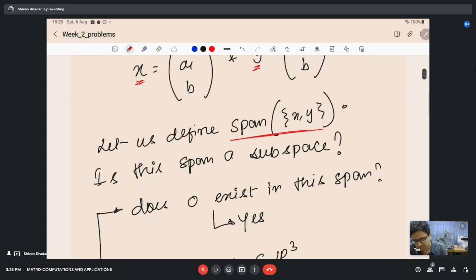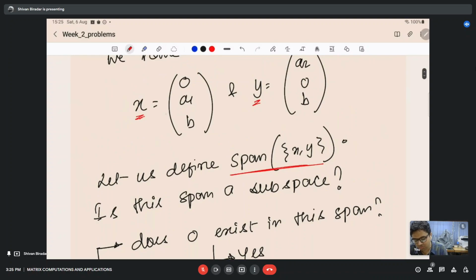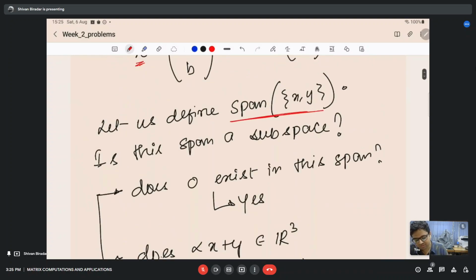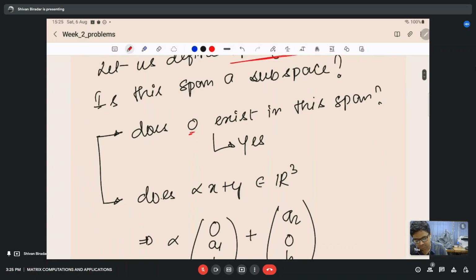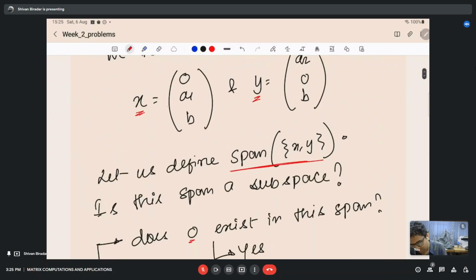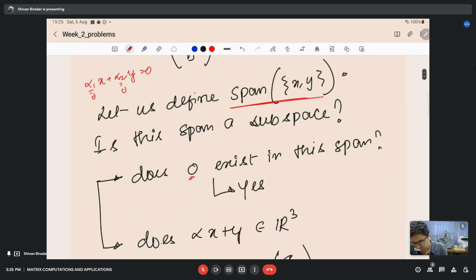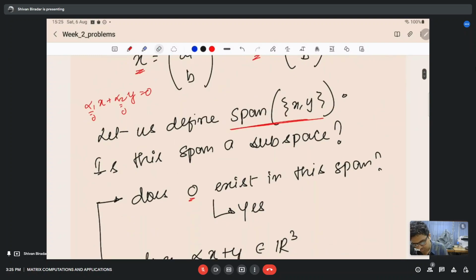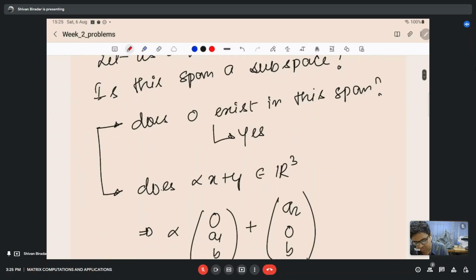Span of these two vectors means the set of all possible linear combinations of x and y. So the question here is, does the set of all possible linear combinations of vectors x and y contain 0? Obviously the answer is yes, because in alpha 1 x plus alpha 2 y, if alpha 1 is 0 and alpha 2 is 0, then it is 0. So 0 exists in this span.